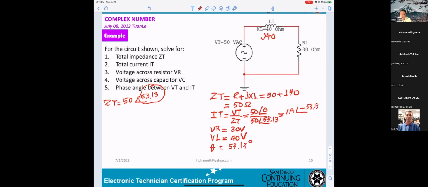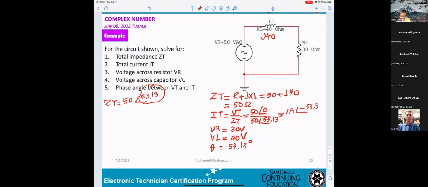So basically, if you're using complex numbers, it's easy to get through quickly. However, make sure you know how to convert between rectangular and polar. Okay?